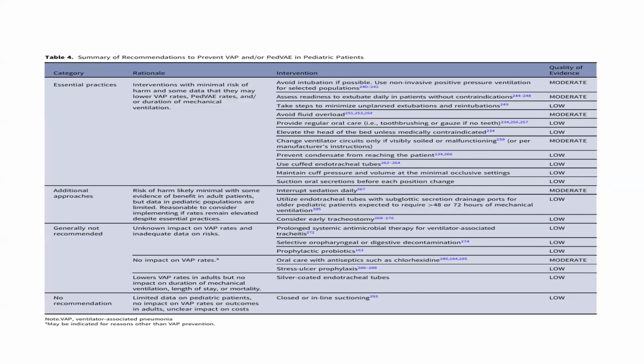Then stress ulcer prophylaxis: they said that the use of PPI is associated with ventilator associated pneumonia, but there are no trials supporting this statement. Then use of silver coated endotracheal tubes: again, there is no evidence for using silver coated endotracheal tubes in the prevention of ventilator associated pneumonia. And also there is no recommendation for closed or inline suction. Thank you.